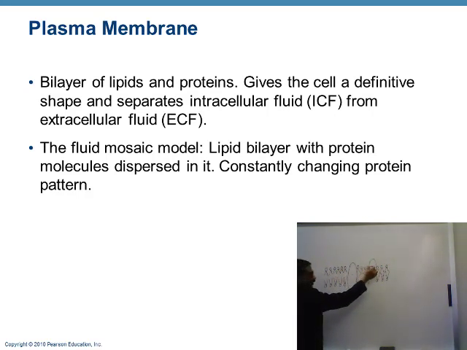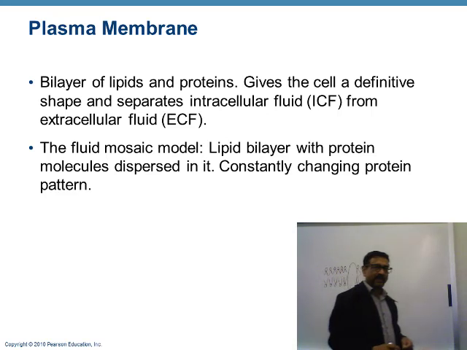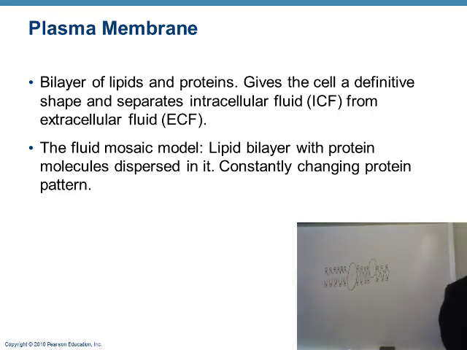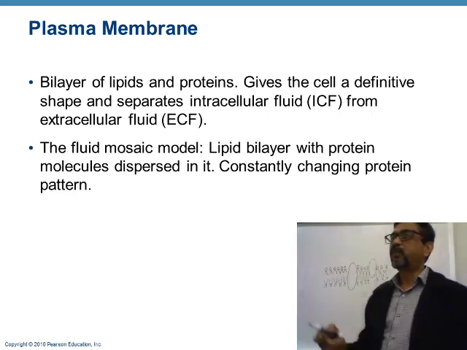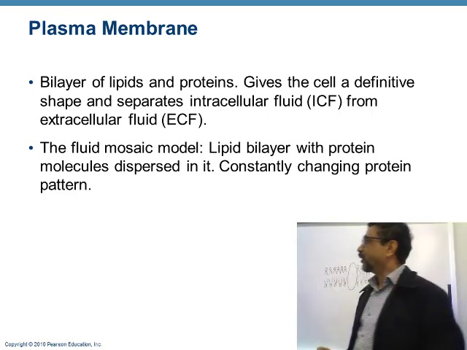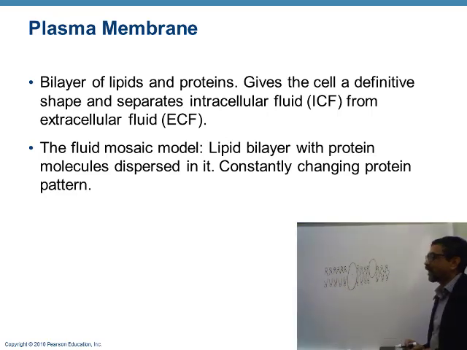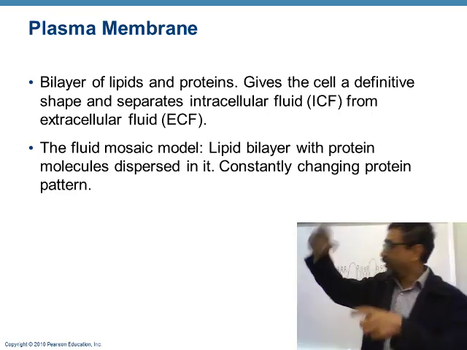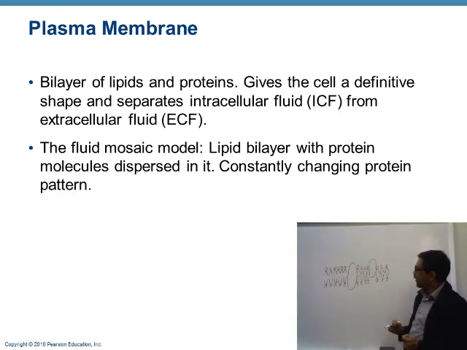So these are the proteins, and this is one layer of phospholipid. This is another layer of phospholipid. That's why we say that the cell membrane is a phospholipid bilayer in which the proteins are inserted or embedded.